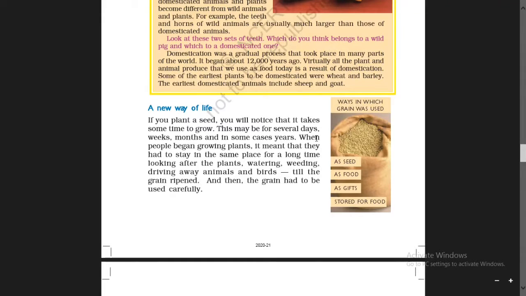When people began growing plants, it meant that they had to stay in the same place for a long time, looking after the plants, watering, weeding, driving away animals and birds till the grain ripened. They had to stay in the same place where they had grown the plants for a long time.